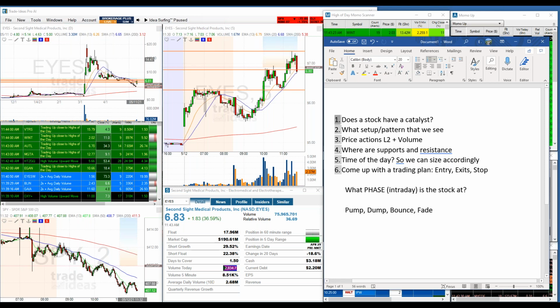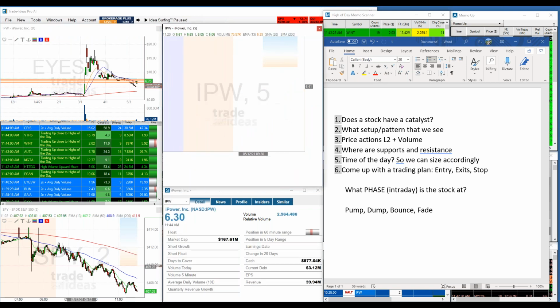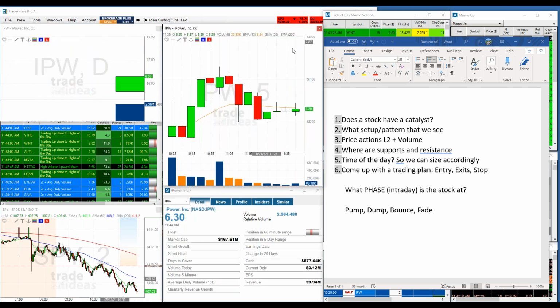Look at level 2, see what price action we have right now, and where the support and resistance are by looking at the past history. Some stocks, like an IPO today, we don't know the history, but in the intraday we can draw some ranges.